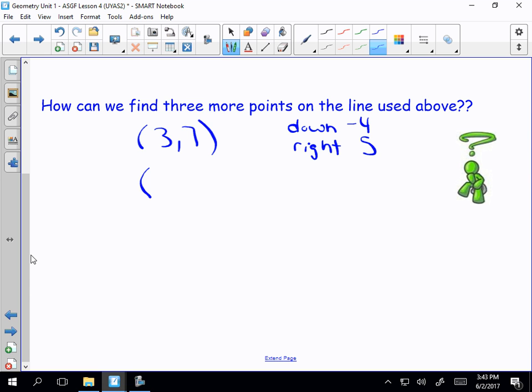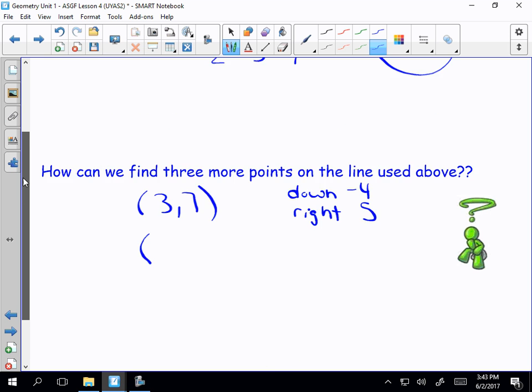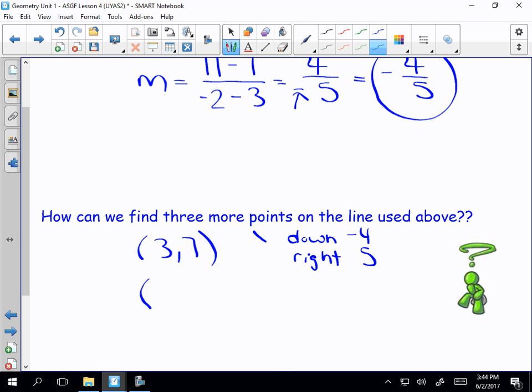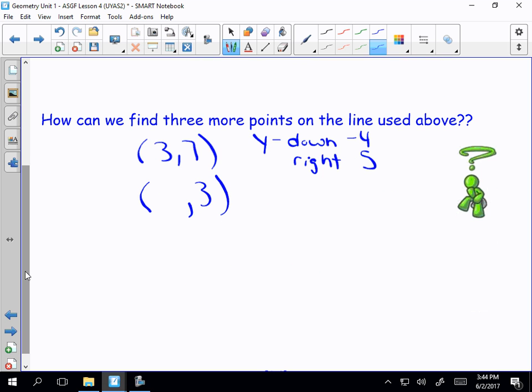So from, and I have to be careful what I'm looking at. My y is down 4, so I go from 7 to 3. And my x, right 5, right is a positive movement, so then I would have 8, 3.